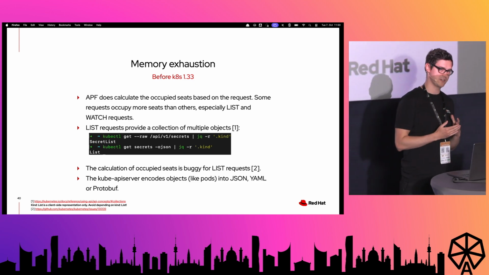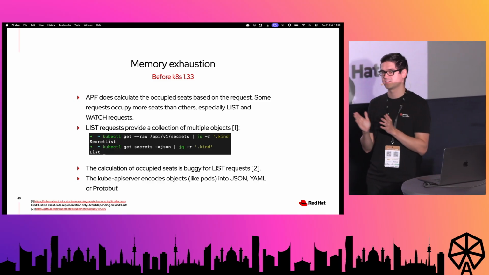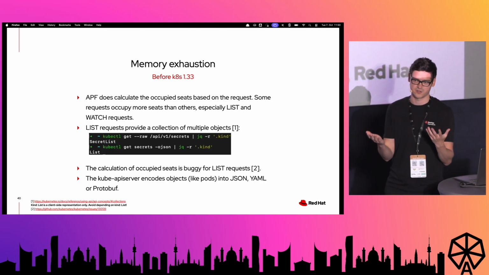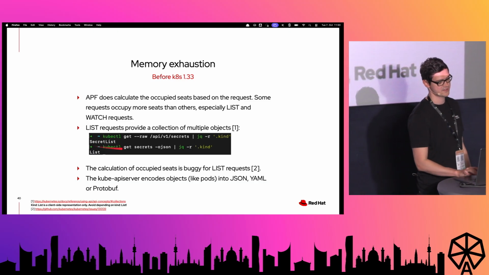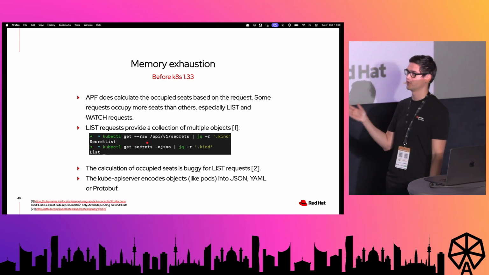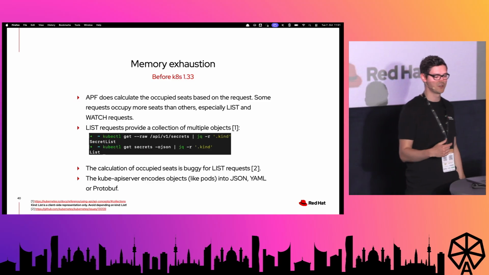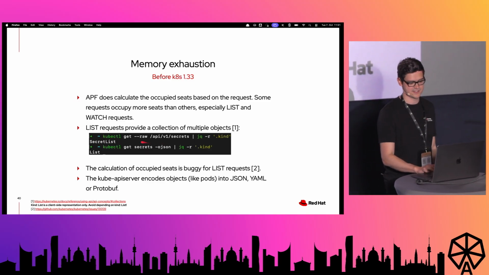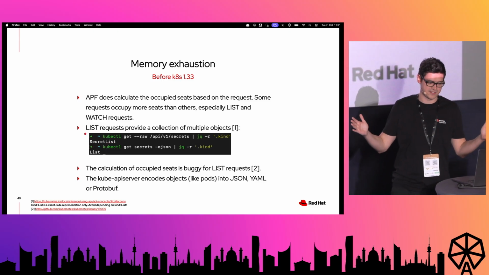A list request is basically when you do kubectl get secrets, then you get all your secrets back, as you know. This, in fact, is a so-called SecretList. If you do a kubectl get --raw, that's a raw request on the kube-apiserver, you will see that you get something back called SecretList, and that's, at the end of the day, a list of all the secrets.